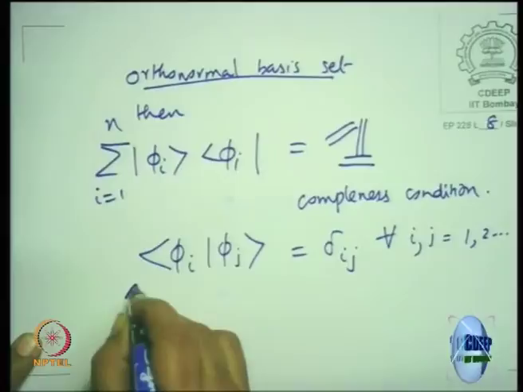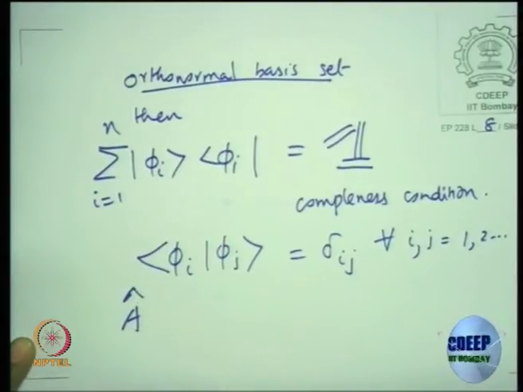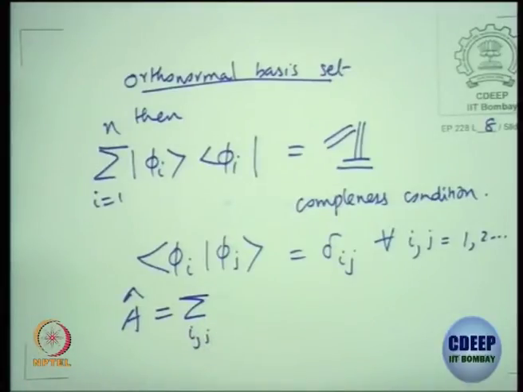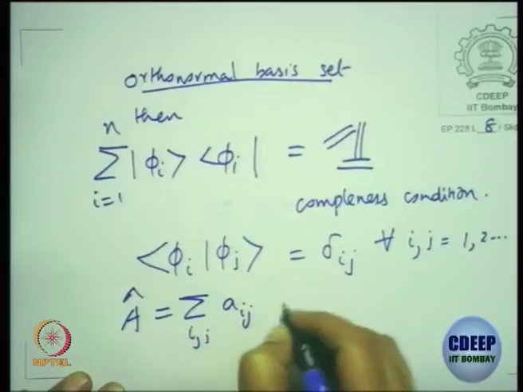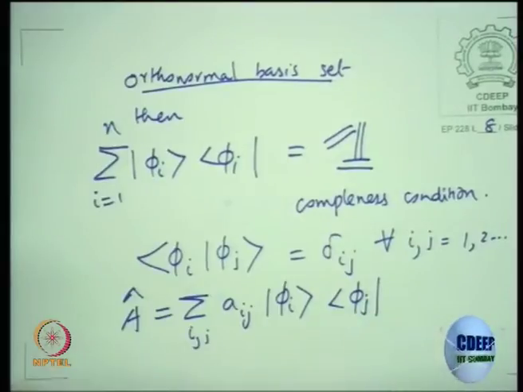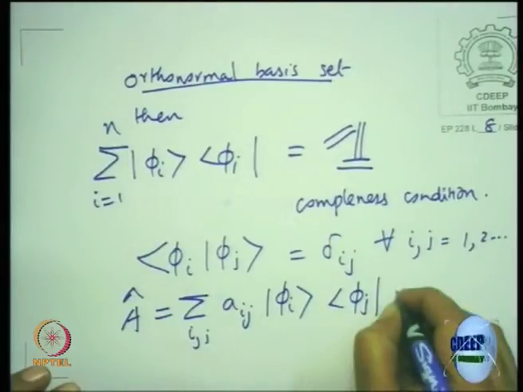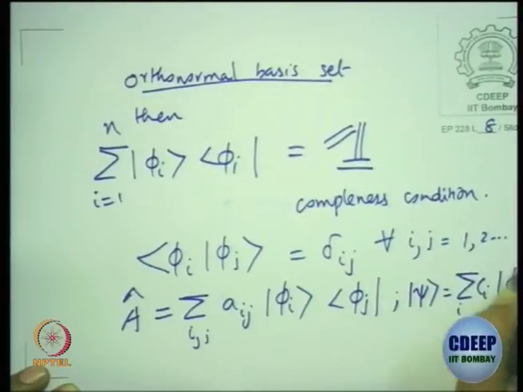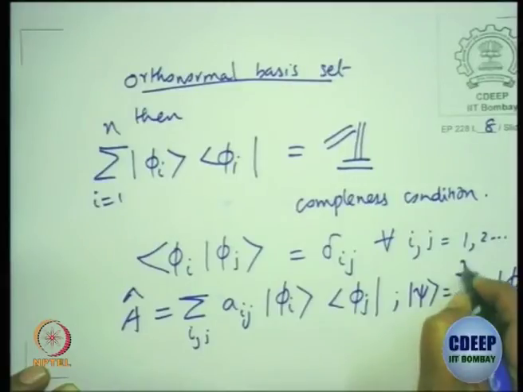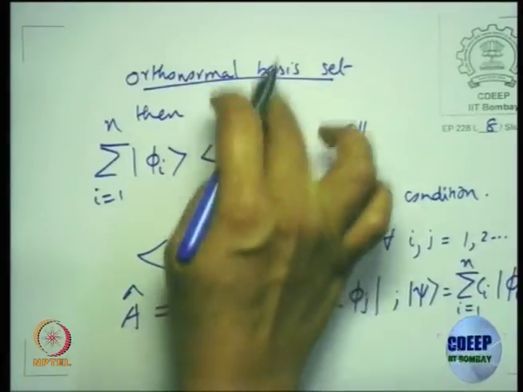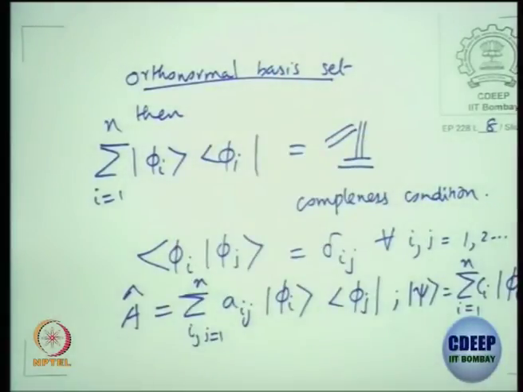Any arbitrary operator will be rewritable as a summation over i, j of some a_ij coefficient times |phi_i><phi_j|, and any arbitrary state psi can be written as a combination of the basis states. This takes care of it: a basis set includes the span, the completeness condition and this criterion.